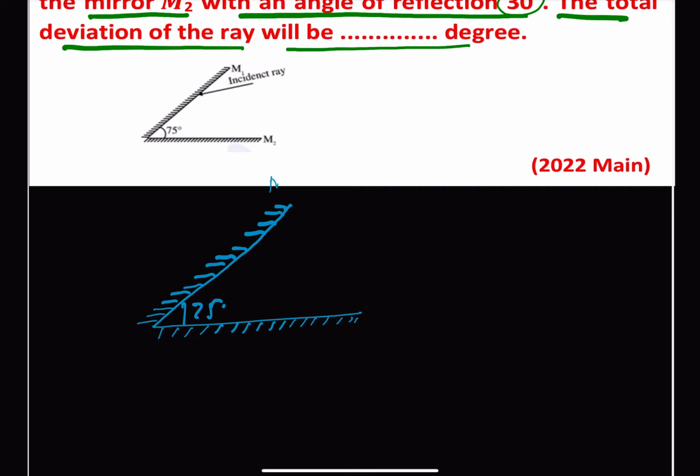So this is our M1 and we have our M2. Light is incident, suppose somewhere here like this. If we draw a normal, which will come something like this, it will be reflected toward M2, and for M2, let me draw this again.